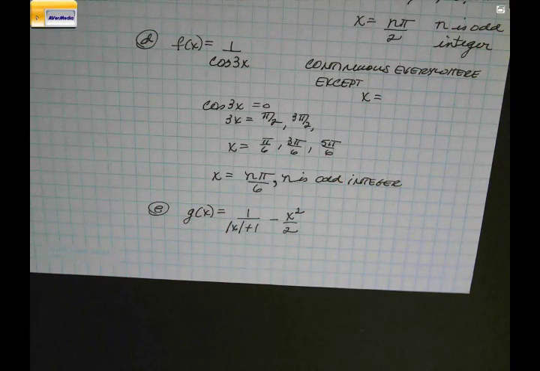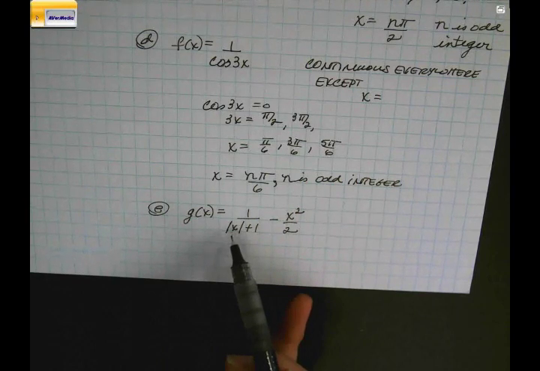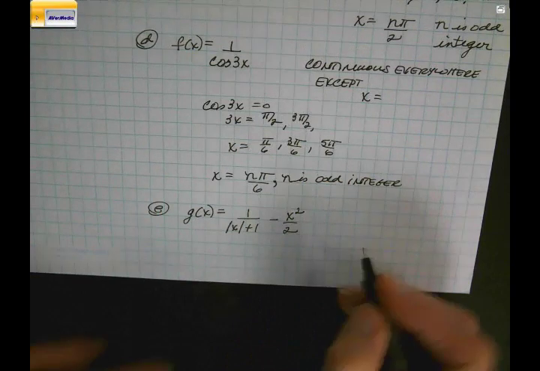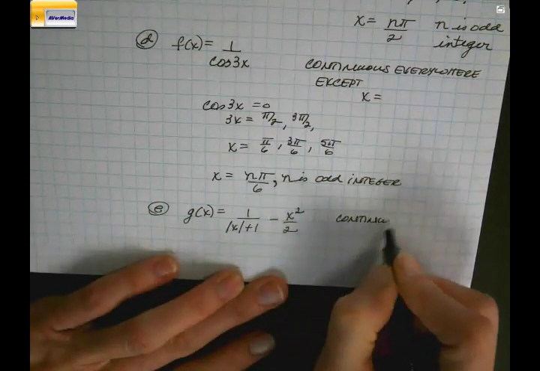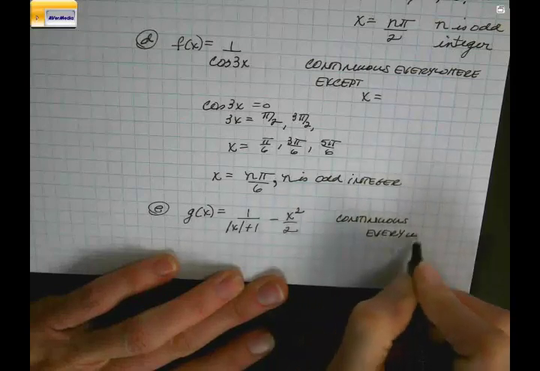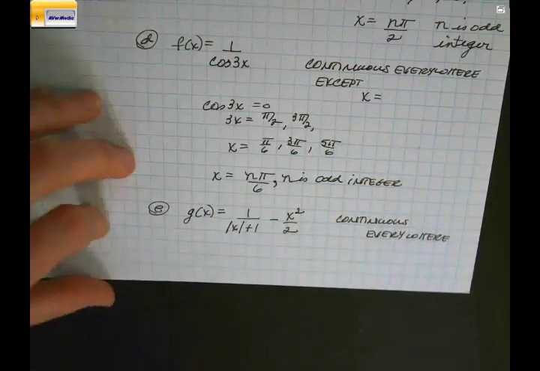Those are our major undefined situations. Is it ever going to happen here? No. I'm never going to get a 0 in a denominator, because even if this were negative 1, the absolute value of negative 1 is positive 1. So never will that denominator be 0. So this is continuous everywhere. It looks really awful, but oh well. I can't make an undefined situation, so it must always be continuous.